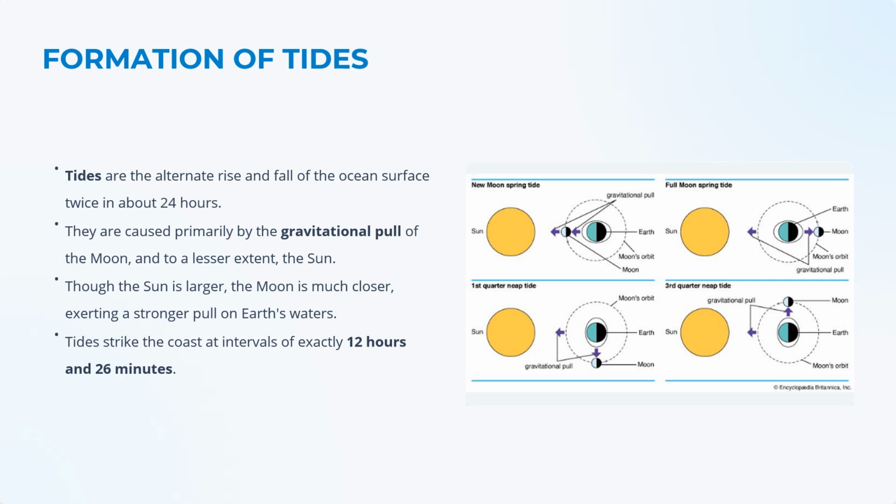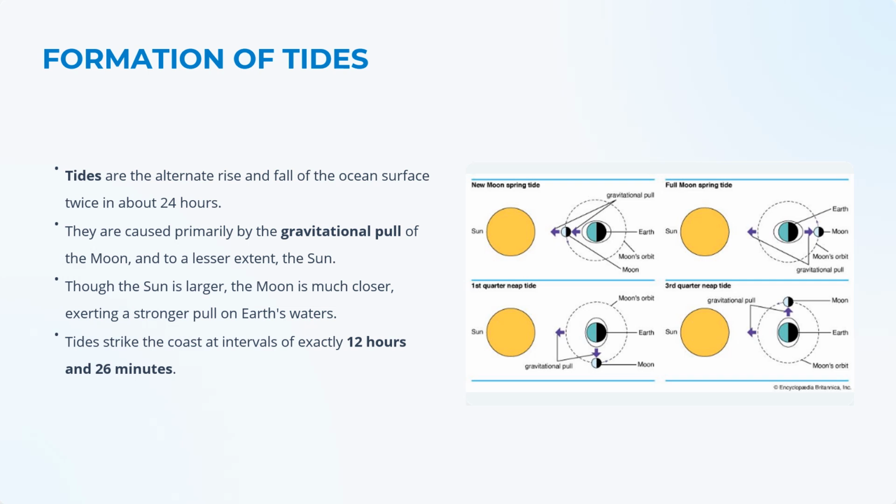So this is the mechanism that is called tide. Tides are actually the result of the gravitational pull of the moon and sun. To some extent it is the sun, but mostly the position of the moon causes the high tides and low tides.